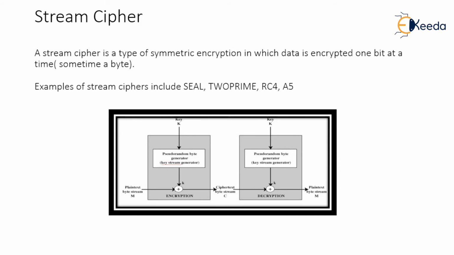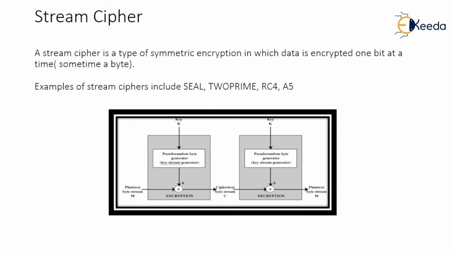So what does the stream cipher do? A stream cipher converts every bit of your plain text into the ciphertext, and the encryption of those bits takes place one by one at a single time.